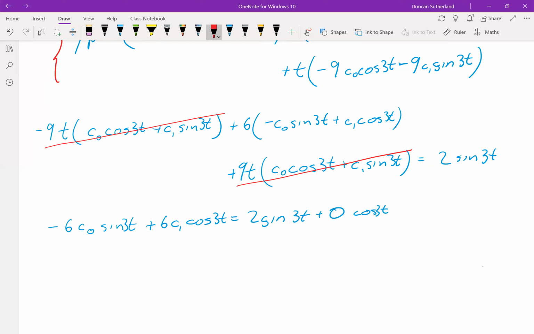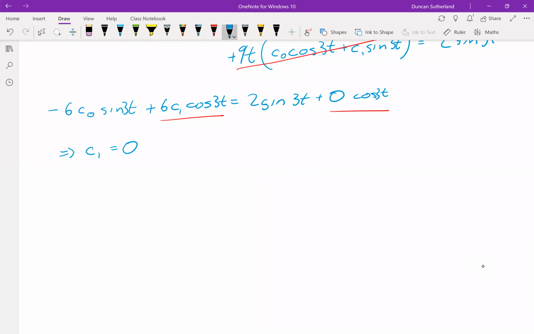So this one's got to balance with this. C1's got to be 0. C0 equals minus 1/3. And y particular is then equal to minus 1/3 t cosine 3t.